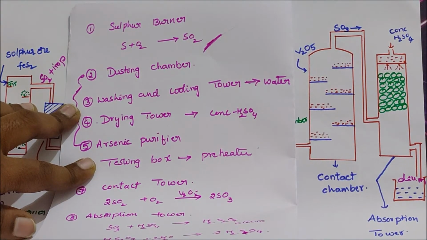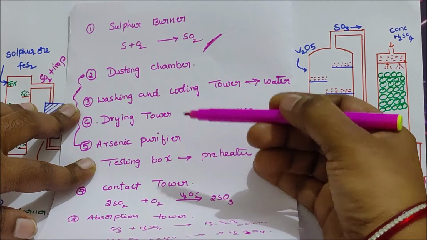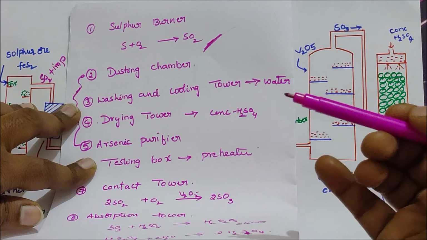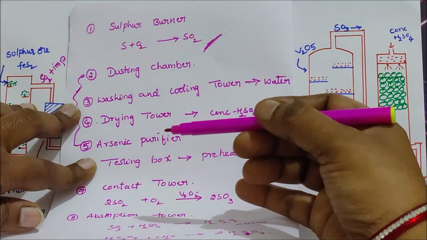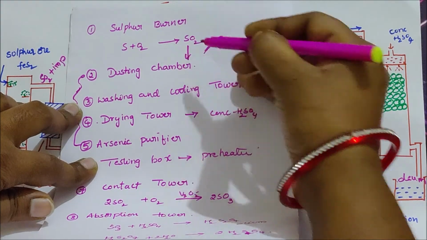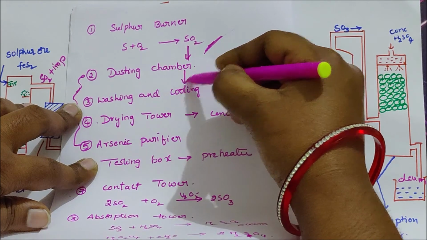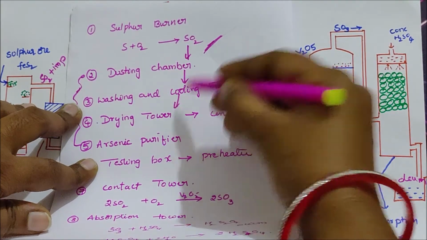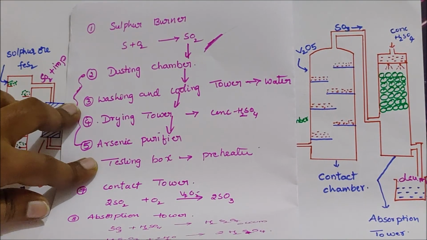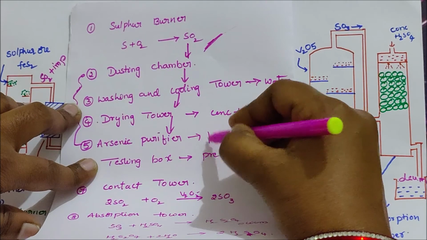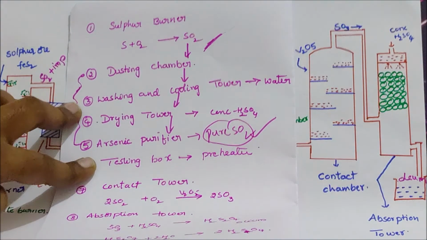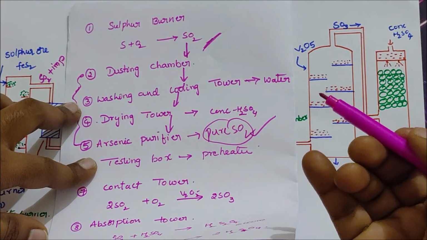Then it passes through the drying tower, which contains concentrated H2SO4, where some impurities are removed, and then through the arsenic purifier. In this arsenic purifier, a pure form of SO2 is obtained.